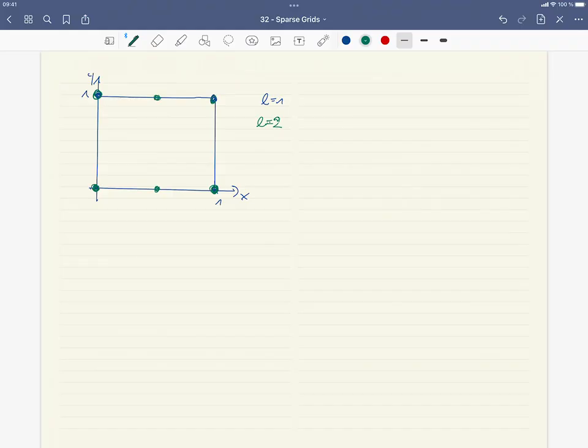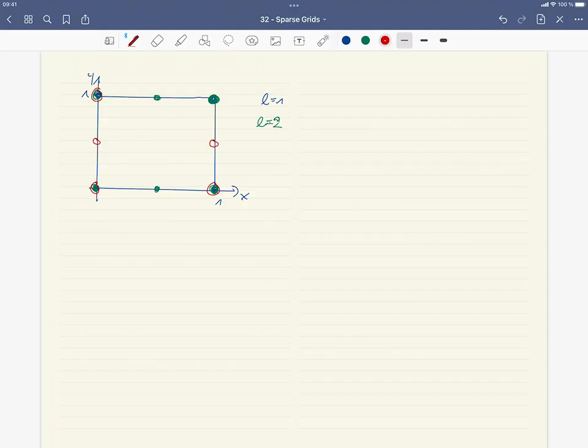And now I get all pairs of points. These are all of these 6 points here. And then I get the same with a different color with those points here, so level 1 on the x-axis times level 2 on the y-axis, so those points.